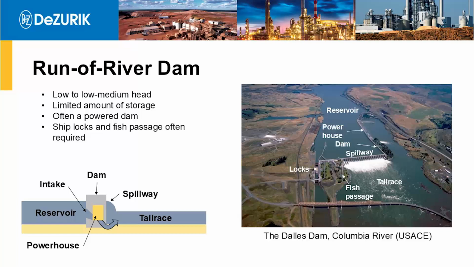They're not really high head. The Dalles Dam here that I'm showing on the Columbia is only about 80 feet of head, but it's a huge flow, so it still produces a lot of power, like 1,600 megawatts. And these days almost every run-of-river dam has some kind of fish passage, fish ladders to get fish upstream around the dam.